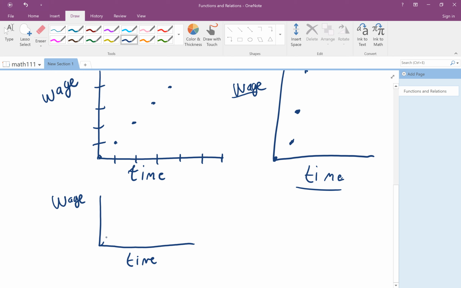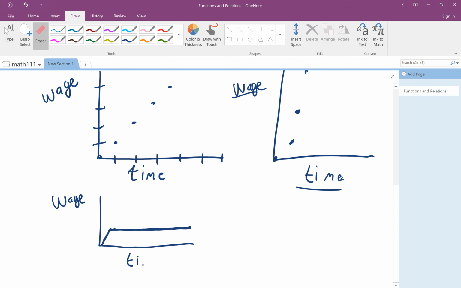Now this one wouldn't be so good because nothing's happening much there, but you're still getting a correspondence. There's still some sort of relationship between the time and the wage, even though I'm not earning more; it just stays constant over this amount of time.